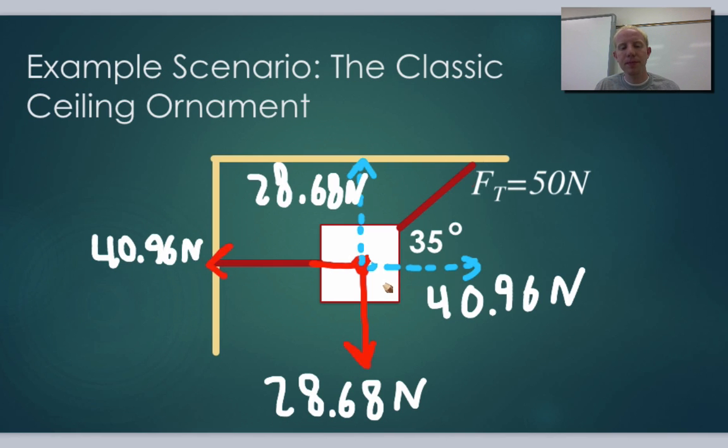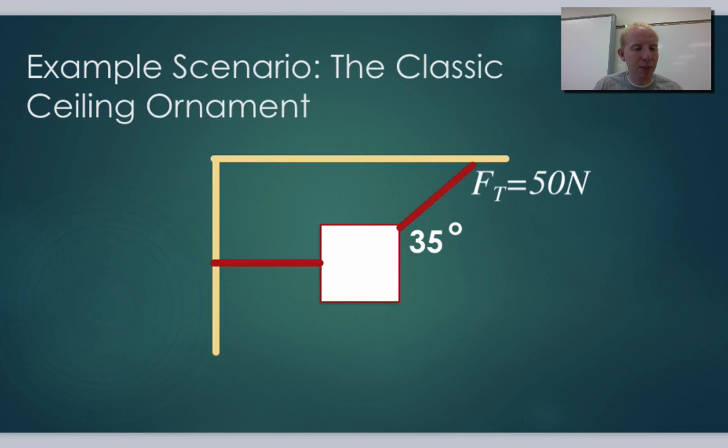Okay? And there we go. That keeps it in equilibrium. And now we have the gravitational force, we have the tension force, and we can solve for the force diagram. But all we had to do was break this into components, and then we can do these problems like we've done before.